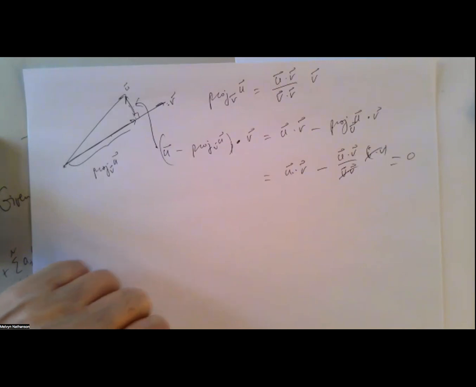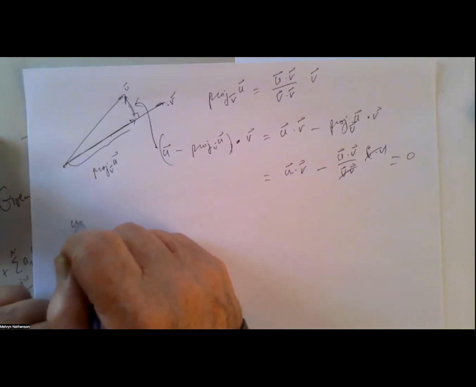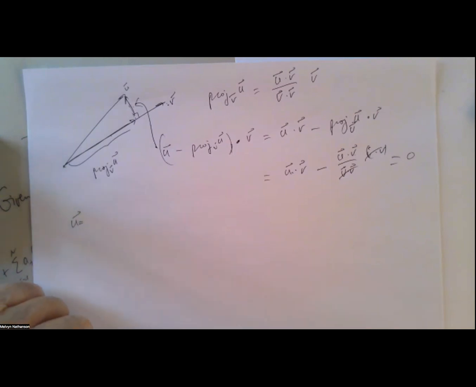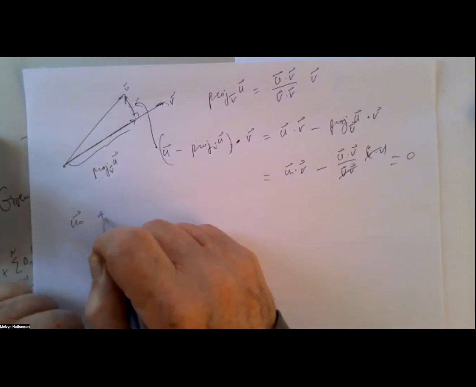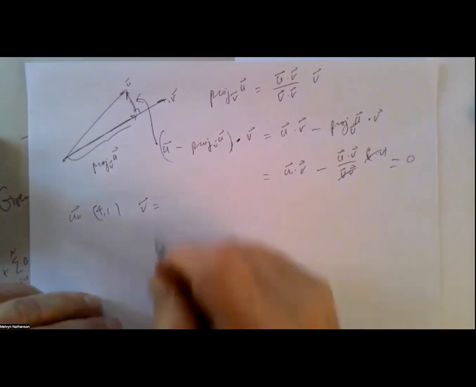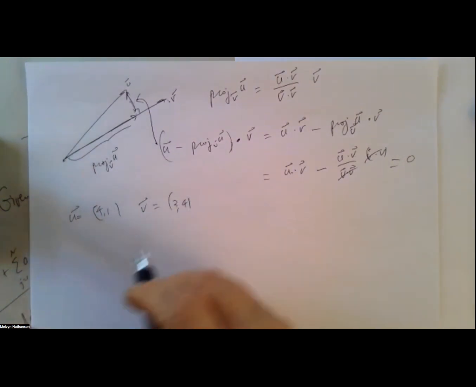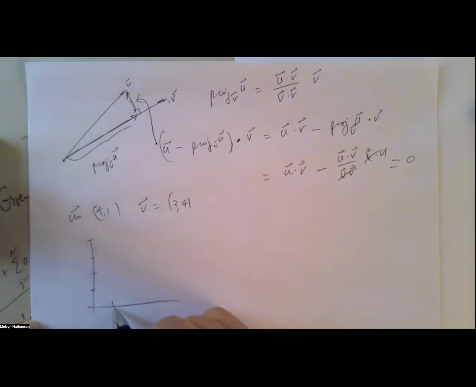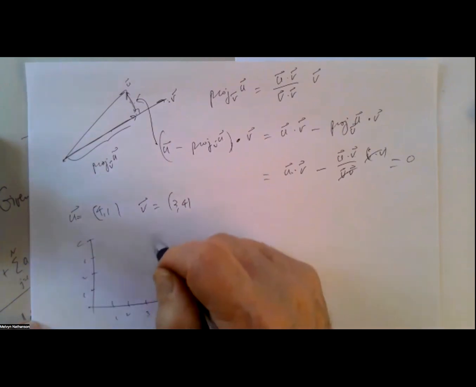So for example, if we take U to be the vector 4, 1, and V to be the vector 3, 4, so here is the vector V, 3, 4.